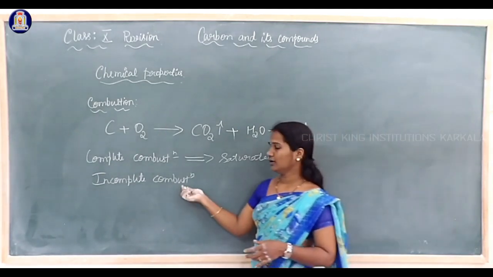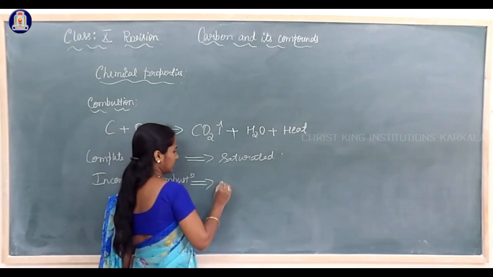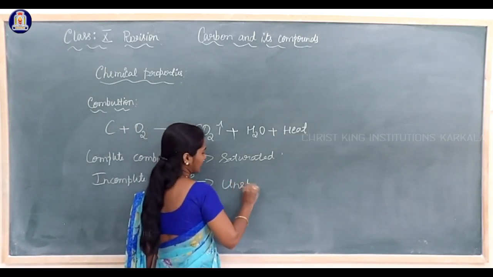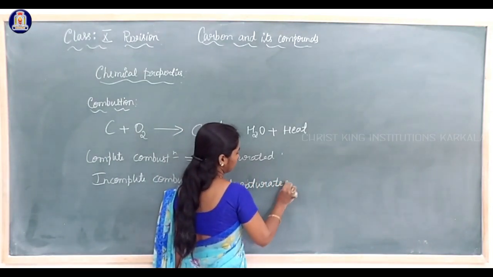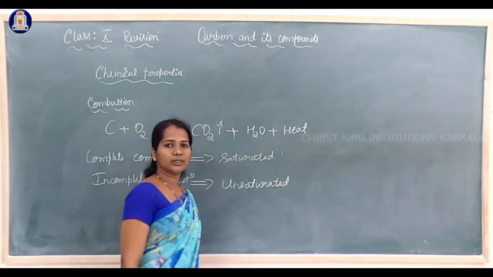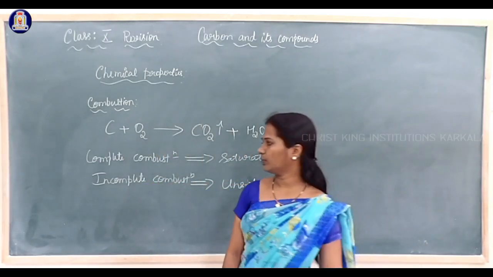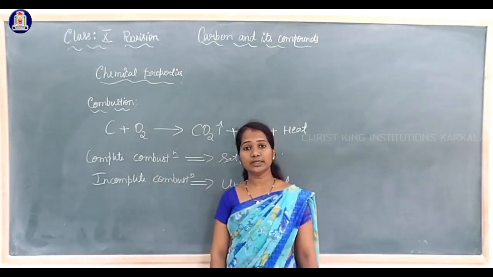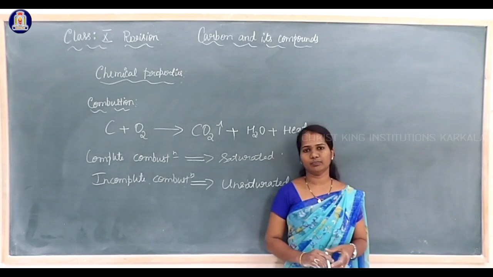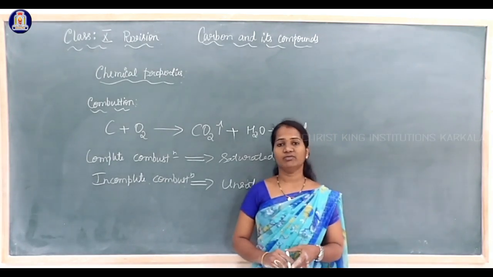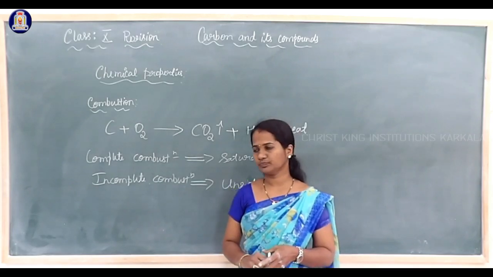But usually unsaturated hydrocarbons, unsaturated carbon compounds, unsaturated in the sense containing double bond or triple bond between carbon-carbon atoms, undergo incomplete combustion and burn with a yellow flame, with a lot of black smoke.